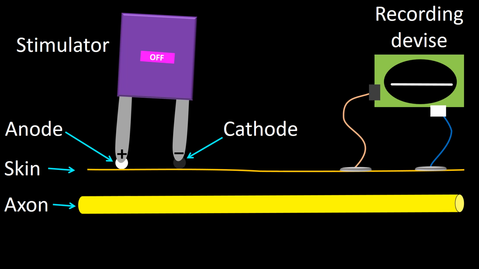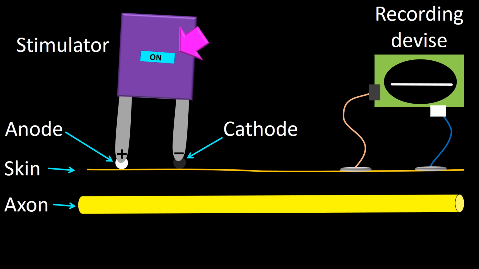This figure shows a stimulator. The stimulator is in the off position. You can see the anode and the cathode. The skin and axon are also labeled. On the right side of the screen, I have placed a recording device.